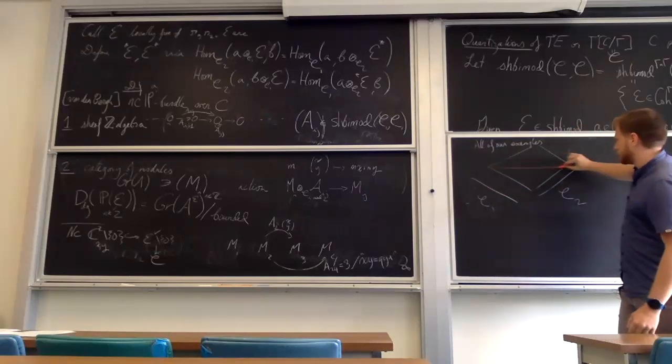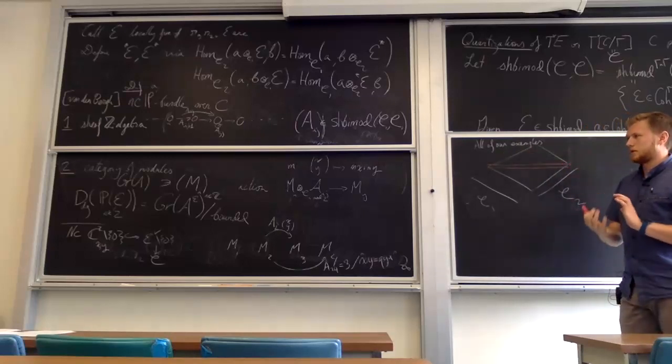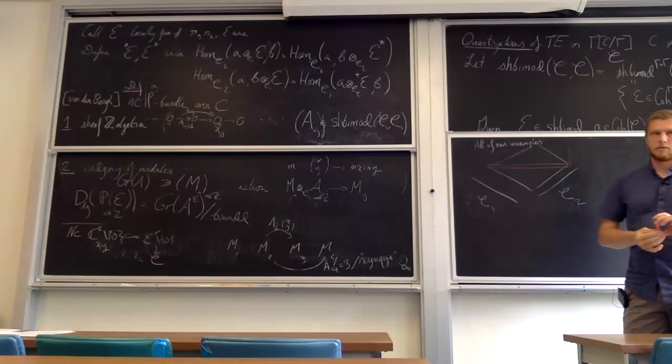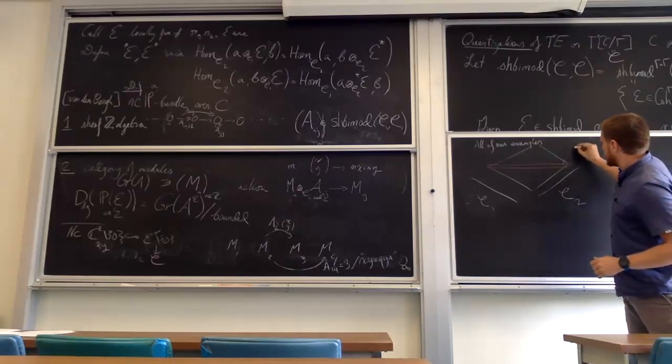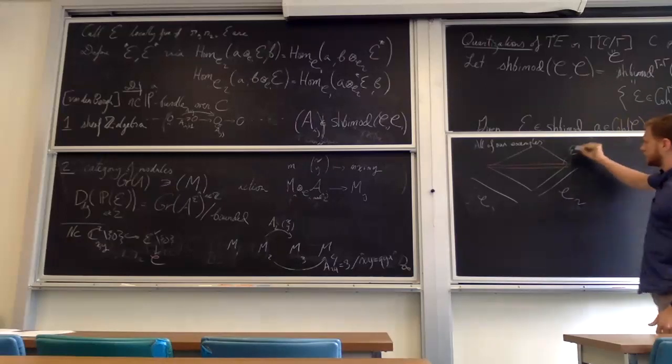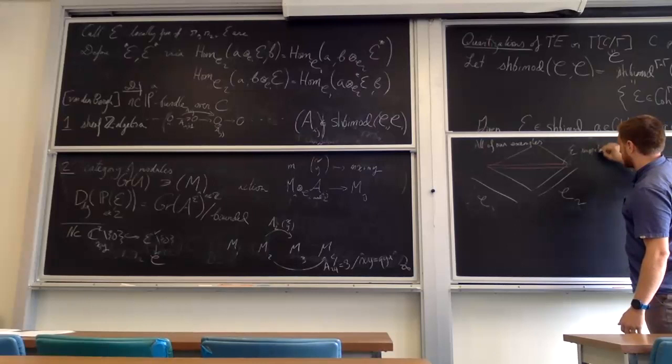So this is going to correspond to the fact that our sheaf bimodule is going to be supported on the second order formal neighborhood of the origin. So E is supported on the fat diagonal.